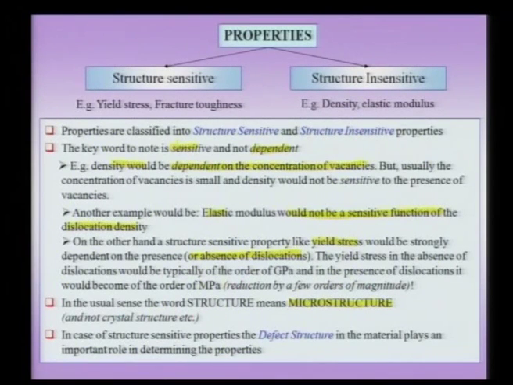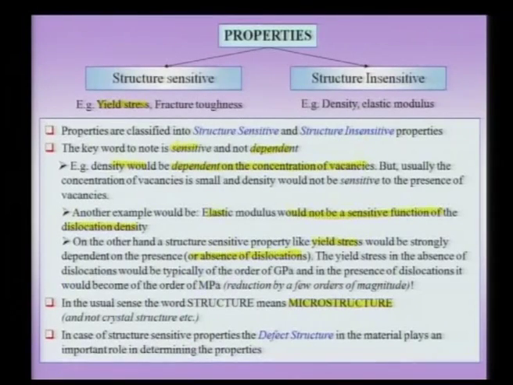So the presence of dislocations would not affect my density very much, and would not affect my elastic modulus very much, but it would affect my yield stress very much, and therefore yield stress would be a structure sensitive property. Later on, when we do dislocations, we shall see that we are not merely talking about the presence of dislocations, but how they are present, etc., would also influence my yield stress.